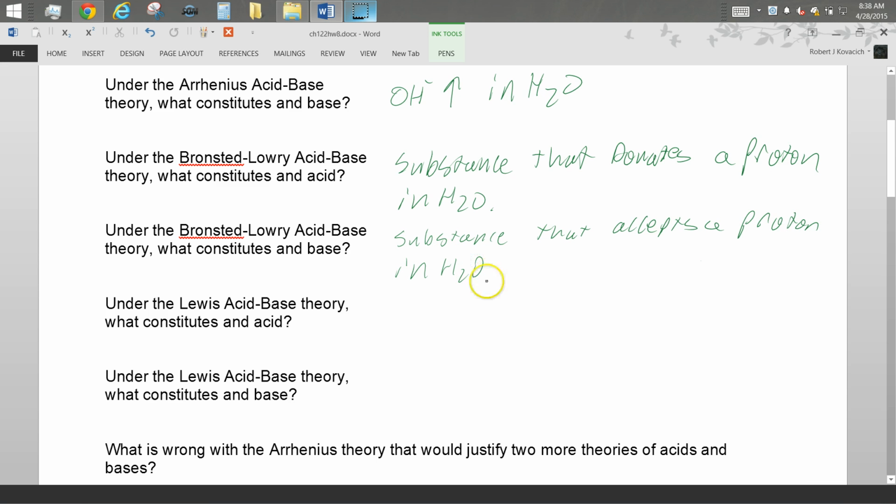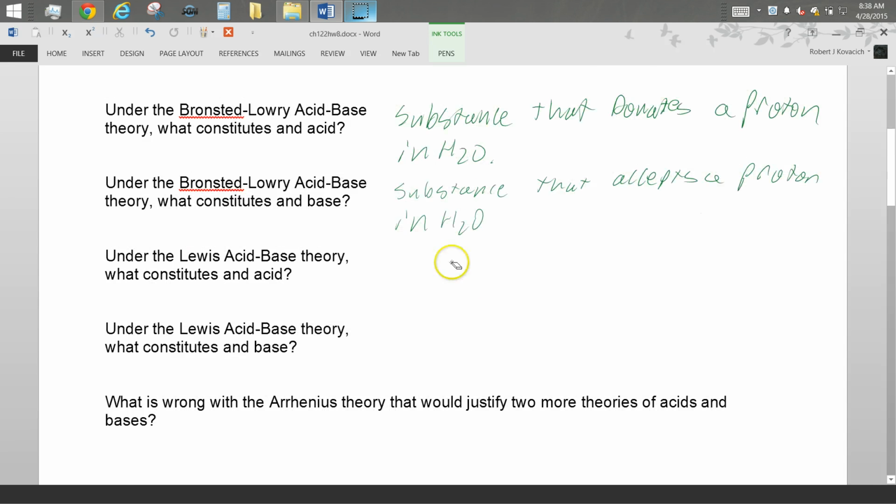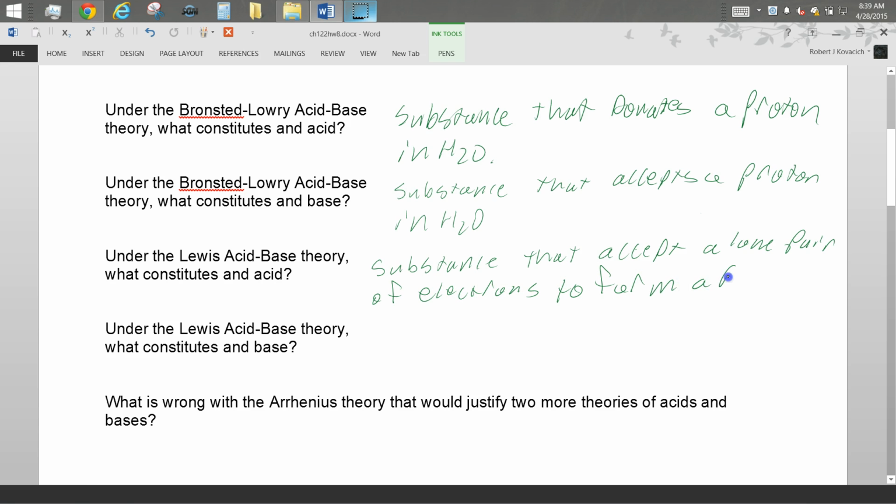Okay. And Lewis? So a substance that will accept the lone pair of electrons to form a bond, and there is no mention of water, and should not be any mention of water.